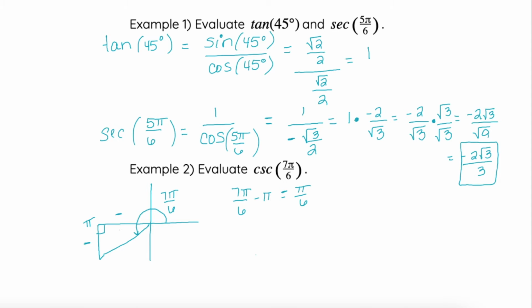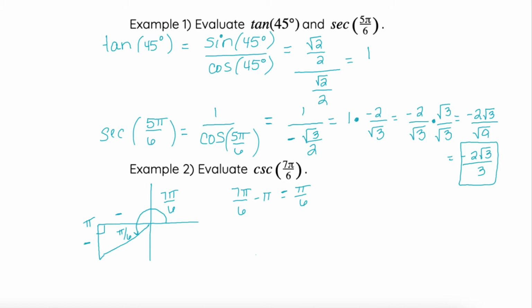So this part is pi over 6. So I can look at pi over 6 in my radians or a 30-degree triangle to help me identify what this might be, knowing that we are in the third quadrant, so both the x and the y values have to be negative. So I'm using that reference triangle to help us out here.